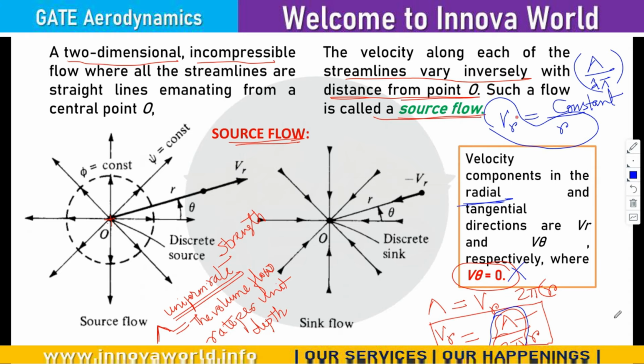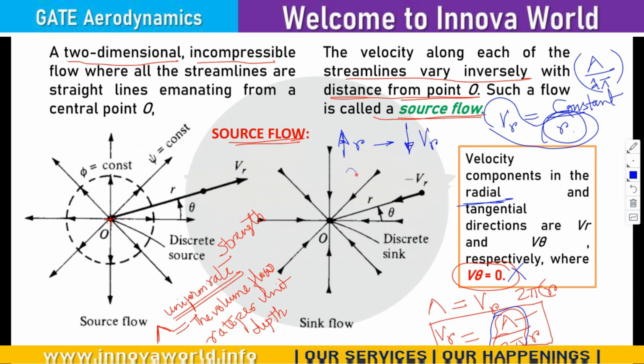Now these are the key points I am discussing, because there can be a question, either theoretical or some numerical questions. Now what does it represent when I say that VR along each streamline varies inversely with the distance? If the distance R increases, then what will happen to the radial velocity? Obviously it will be less.